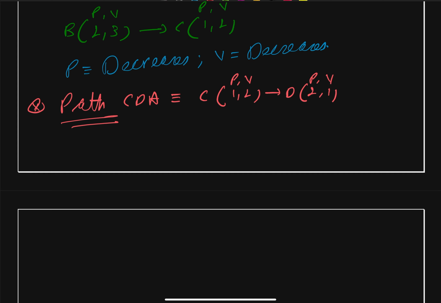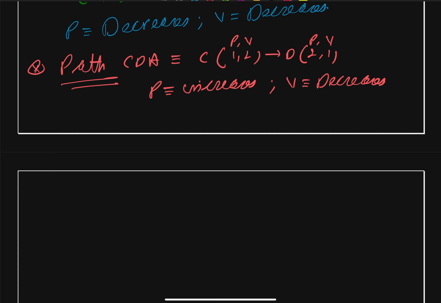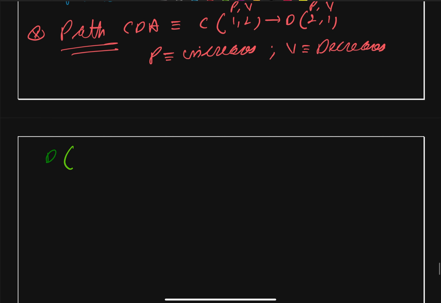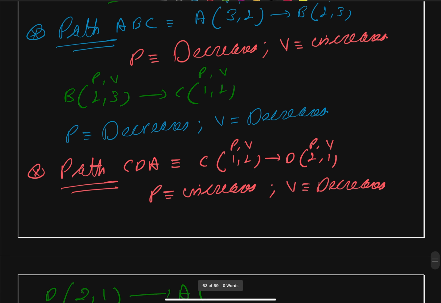So here our pressure increases and our volume decreases. Now from D to A, D is 2, 1 and A is 3, 2.